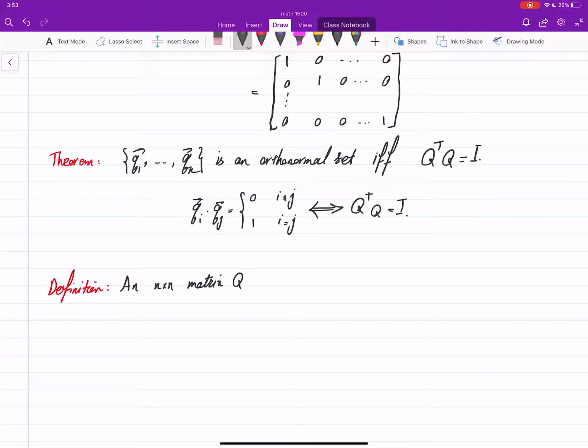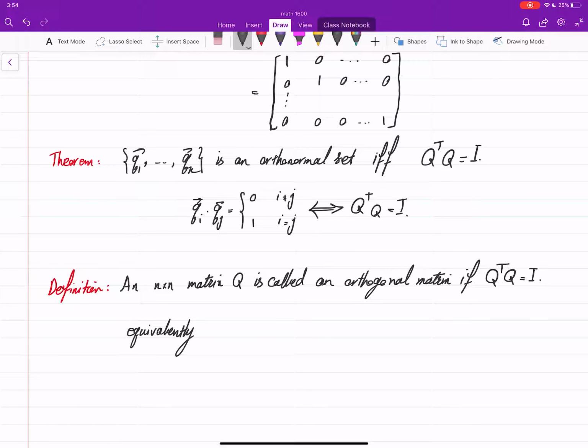A matrix Q is called an orthogonal matrix if you either write it as Q transpose Q is identity, or equivalently you can say that the columns of Q form an orthonormal basis.